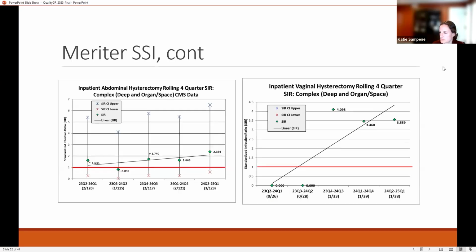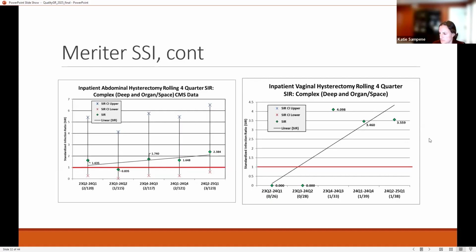This is what's sent to CMS. So this is the data with complex and deep and organ space infections for both inpatient abdominal hysterectomy and inpatient vaginal hysterectomy. You'll notice at the bottom that, for example, vaginal hysterectomy looks like, what's going on, but you'll notice there's only one, right?